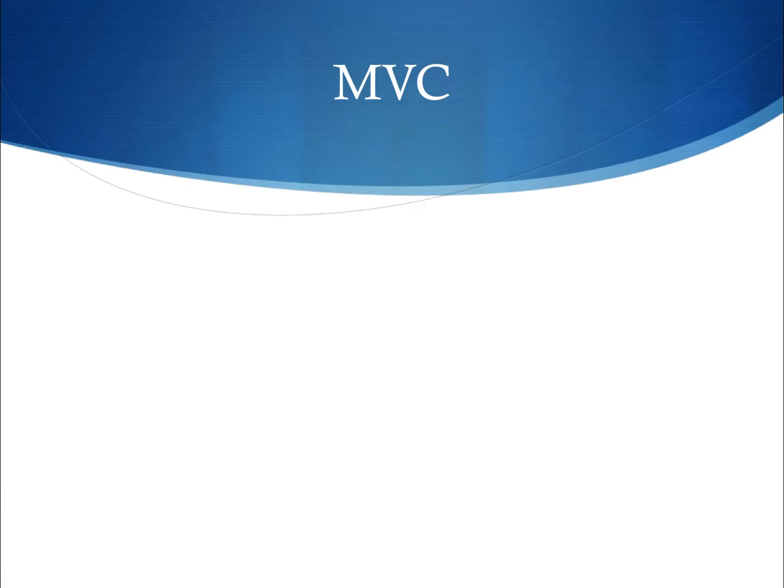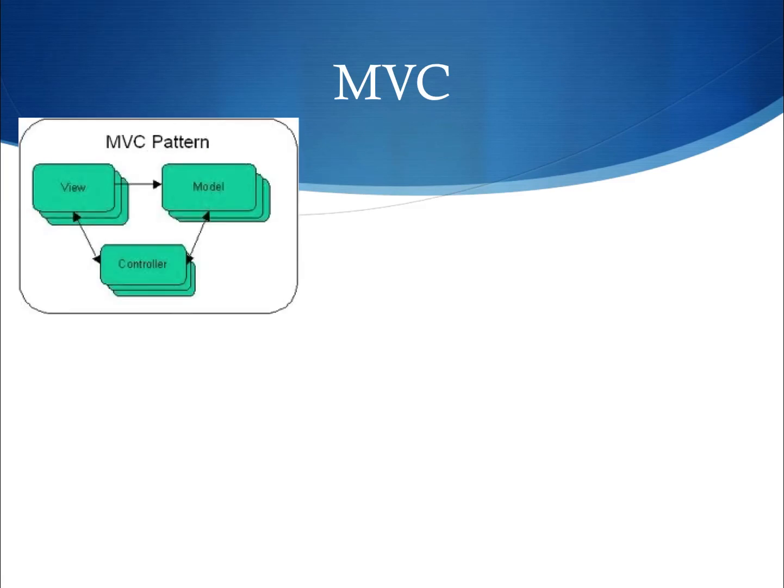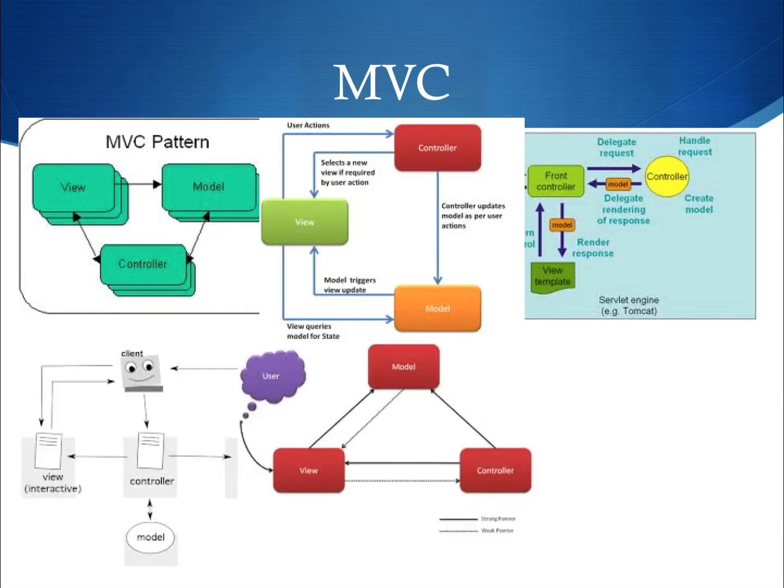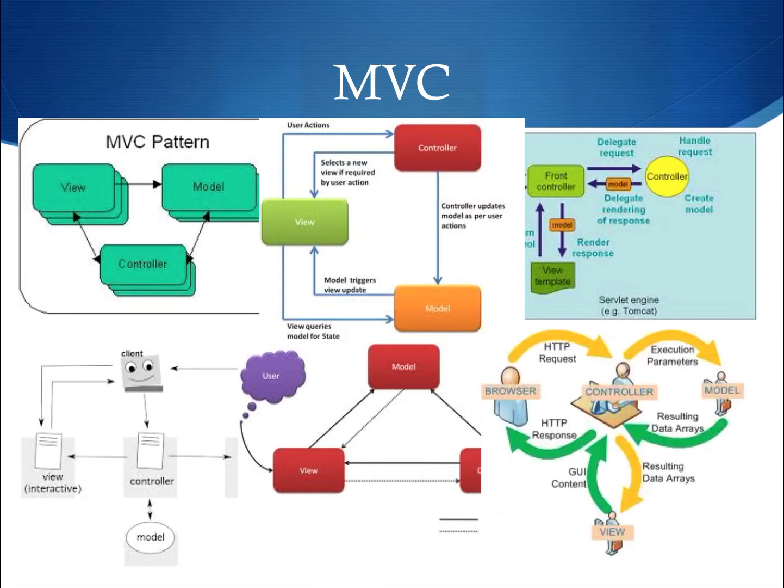So what is MVC? If you look through the internet, there are many kinds of diagrams. As you can see, I just picked some diagrams from the internet. For me, they are very confusing.